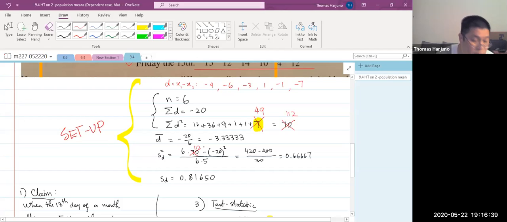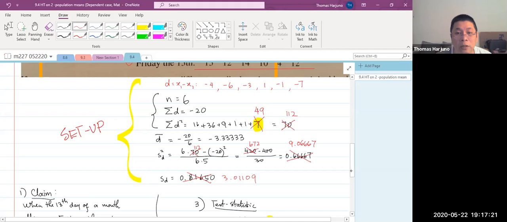That's 6 times 112 minus 400. This is 672. So that's 272 divided by 30. This should be 9.06667. So the square root of that will be 3.01109.